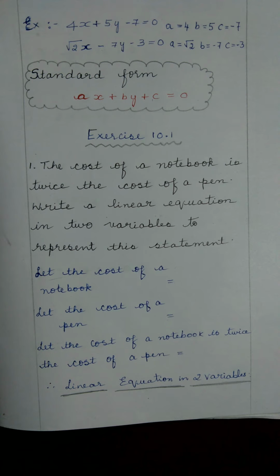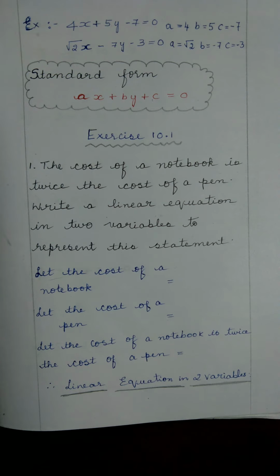So the problem is given. The first statement says, the cost of a notebook. We don't know the cost of a notebook. We know that in order to frame an equation, we need the variables and numerical values. But in this problem, the numerical values and variables are not given. But using the statement, we have to put the variables and the numerical values.